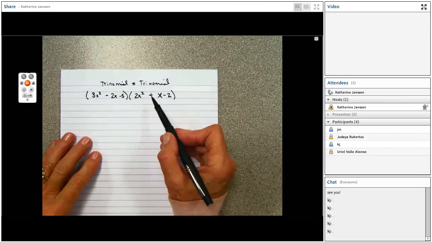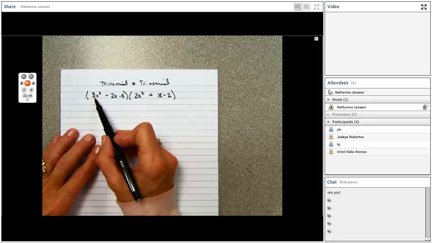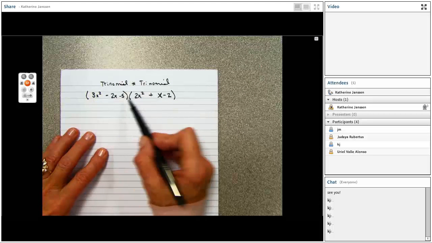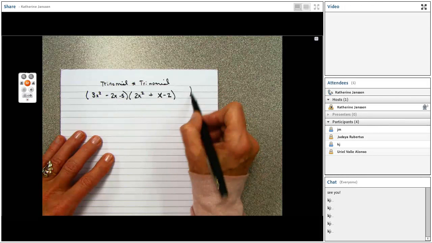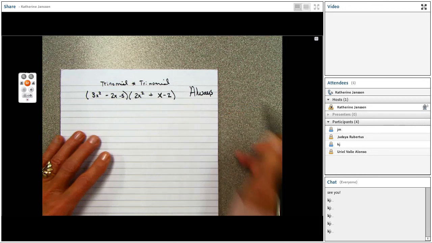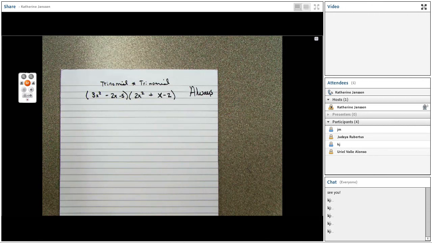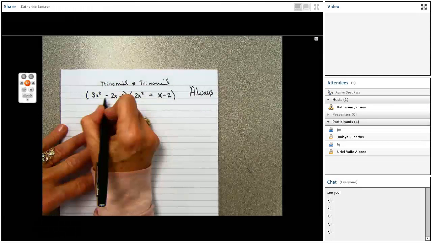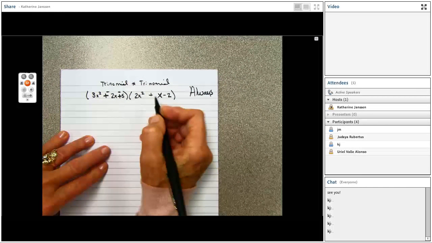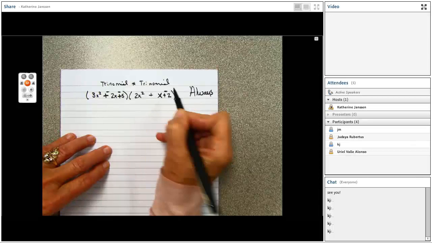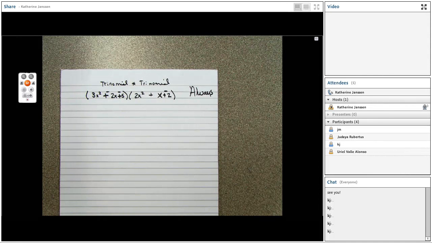So I know that I'm going to use distribution to distribute every term of the first polynomial times every term of the second polynomial. I have some subtraction going on, so let's change subtraction to addition and add the opposite. Now I know the sign of my terms, so I can multiply.